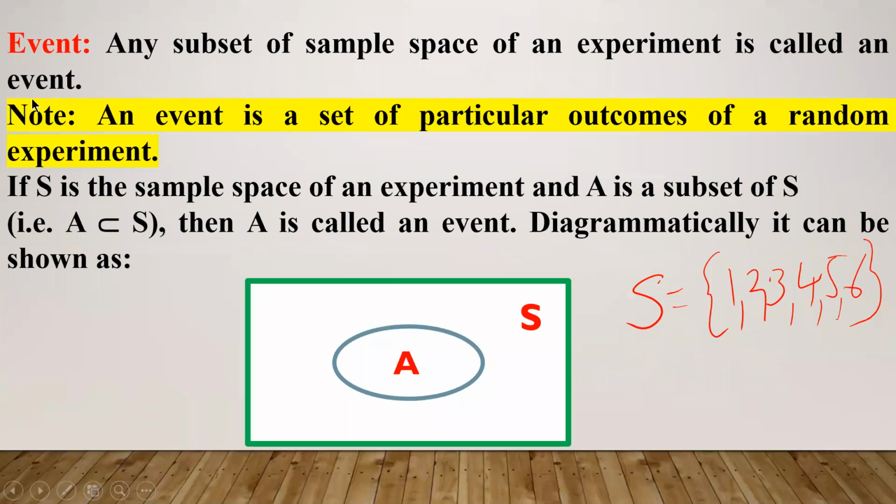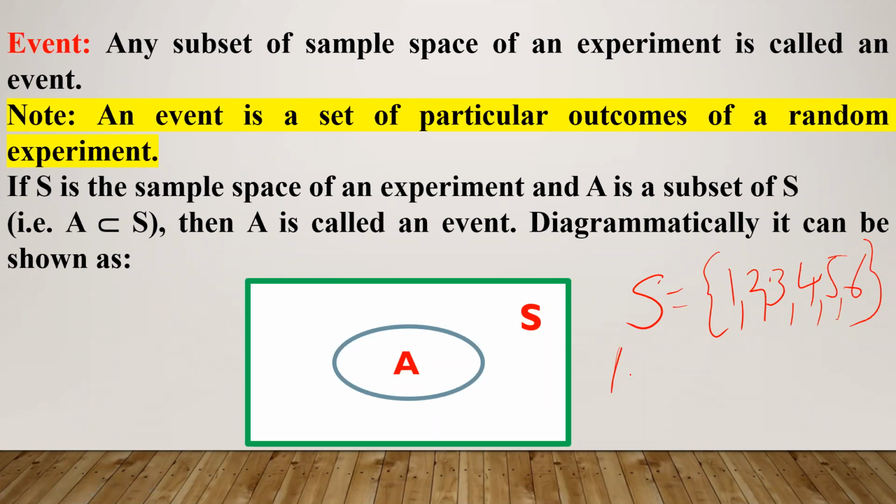What is an event? Any subset of sample space is called an event, or in other words, an event is a set of particular outcomes of a random experiment. It will not contain all the possible outcomes. It will contain some typical or some particular type of outcome. For example, if you consider the experiment of throwing a dice, then you know this is the sample space.